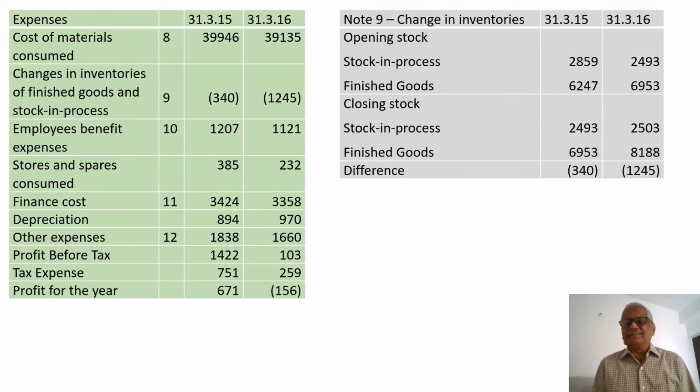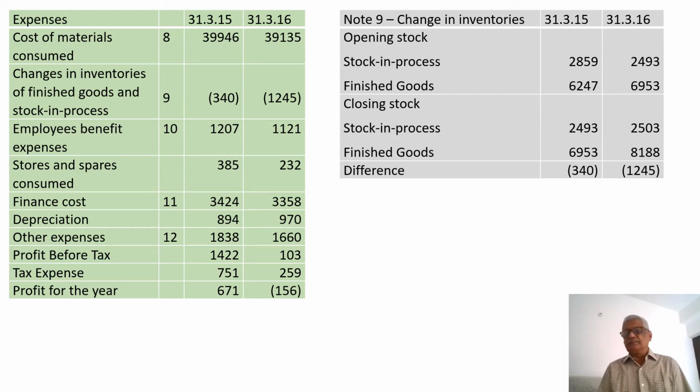Now, if you look at the note, it talks about opening stock of stock in process and opening stock of finished goods. That is, at the beginning of the financial year, the opening stock of stock in process and finished goods, which were converted last financial year but not sold. So now there is a closing stock also of stock in process and finished goods.